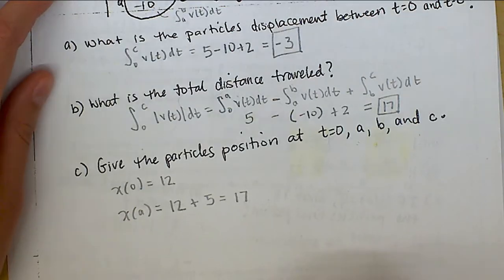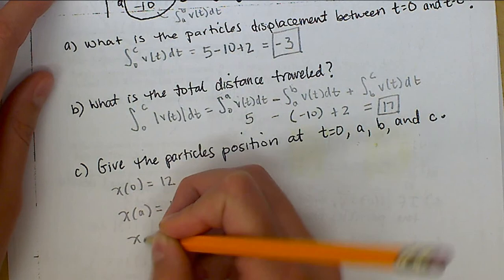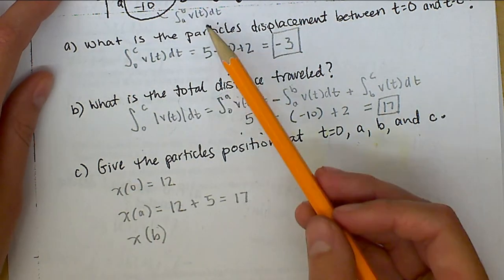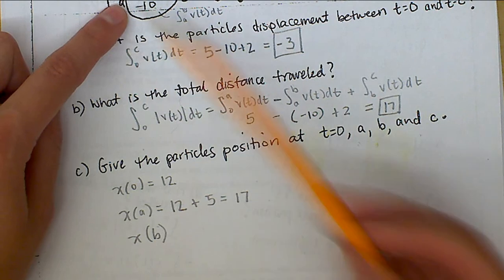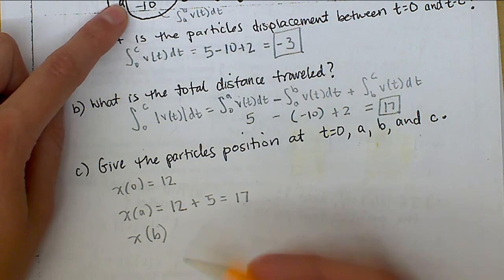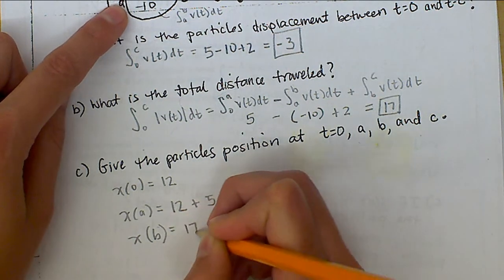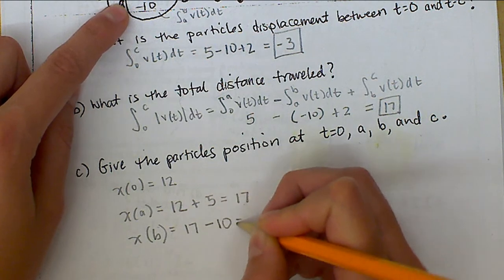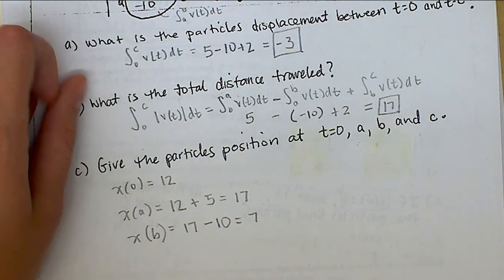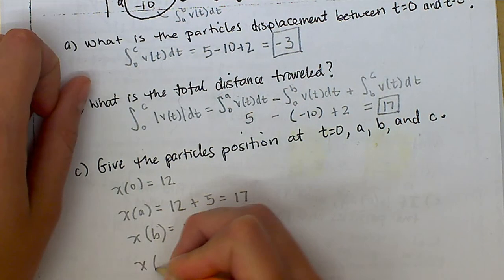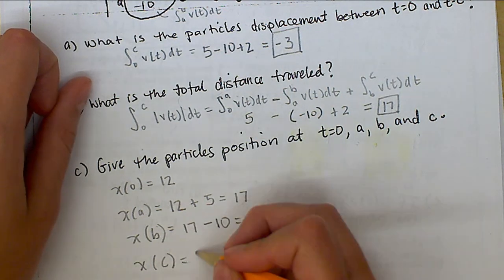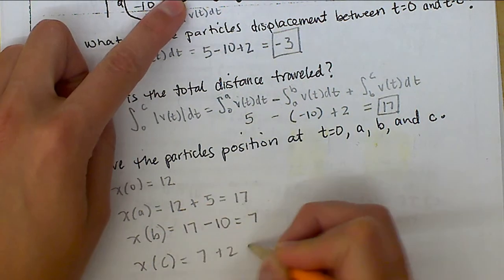And then for B, since we know at A it's at position 17, we can go from there. At A it was at 17, and then we subtract the 10 to get to 7. And then at x of c, its final position, it went from 7 plus 2 equals 9.